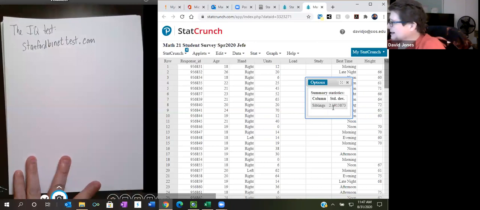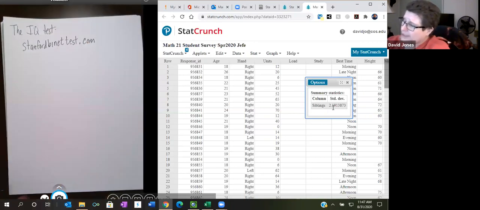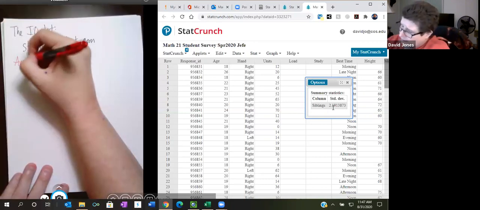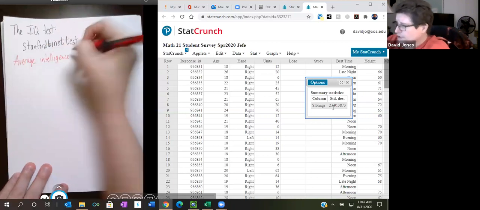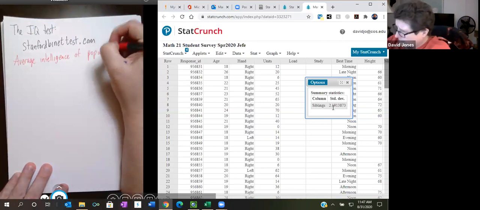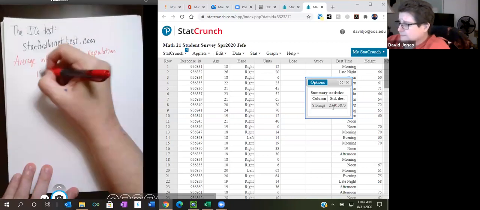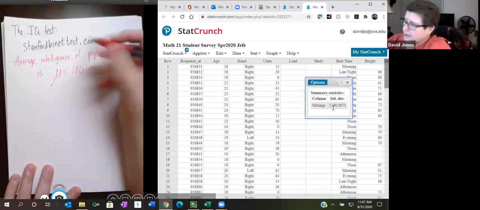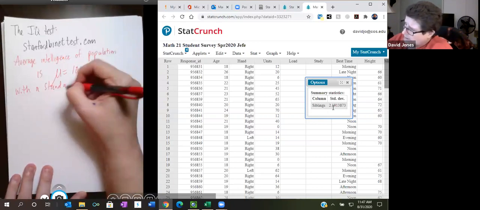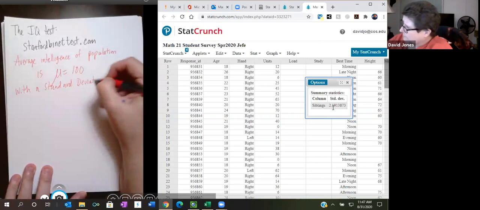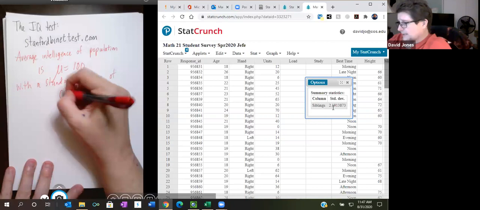This is the average intelligence of the population. Population, or mu, is mu equals 100 with a standard deviation of 15.